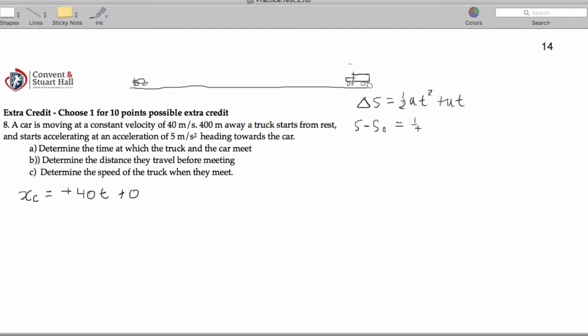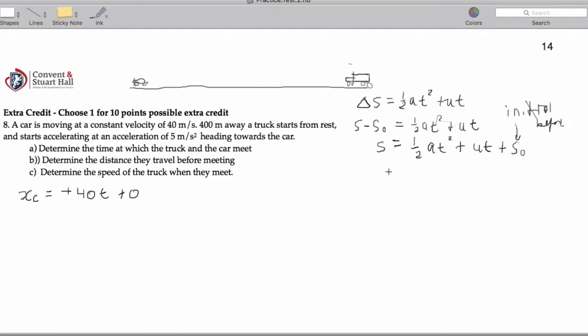For those of you in G period physics, this is another way of writing the kinematics equation that we've been using. So we can write this as 1/2 AT squared plus UT plus S naught when I bring that S naught to the other side. And this is actually the initial position, like it was before when we had constant velocity.